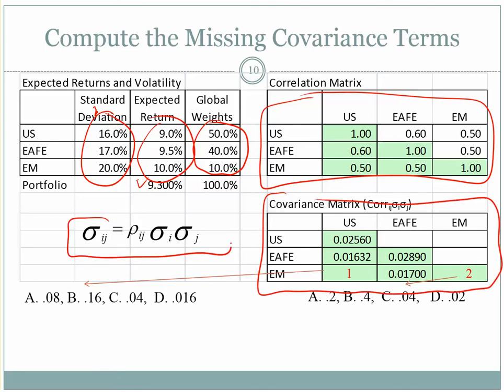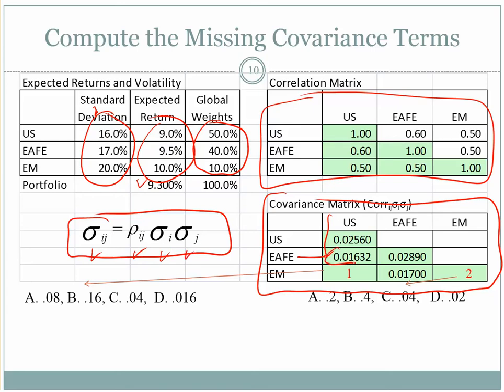Since each covariance term is a correlation times 2 standard deviations, you can see that, say, the covariance between IFA and US is going to be the correlation between IFA and US times the standard deviation of IFA and the standard deviation of US.